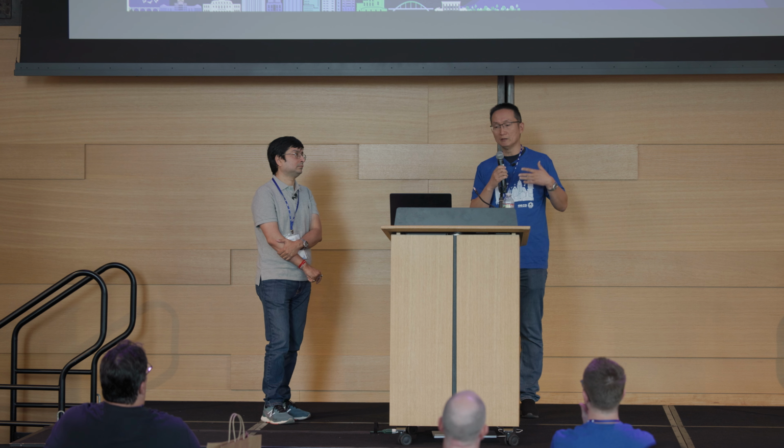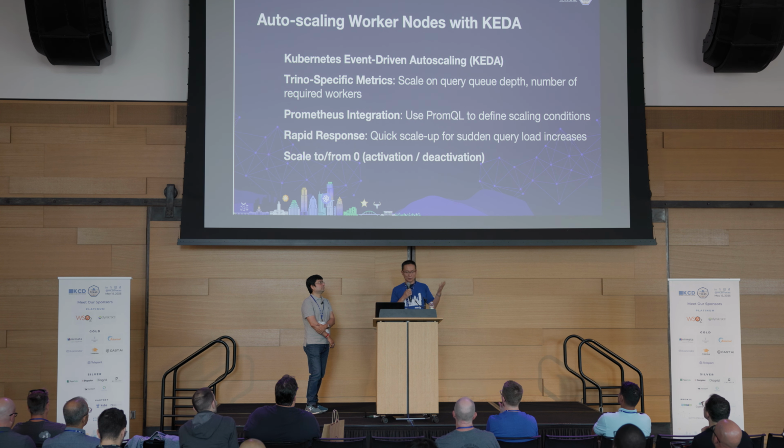So if our HPA is dependent on CPU and memory utilization, the scaling may never happen just because the workers are not under stress, while all the users are seeing degraded performance. That's why, for auto-scaling this kind of distributed system, like Trino or Kafka on Kubernetes, we have this KEDA solution, Kubernetes Event-Driven Autoscaling.